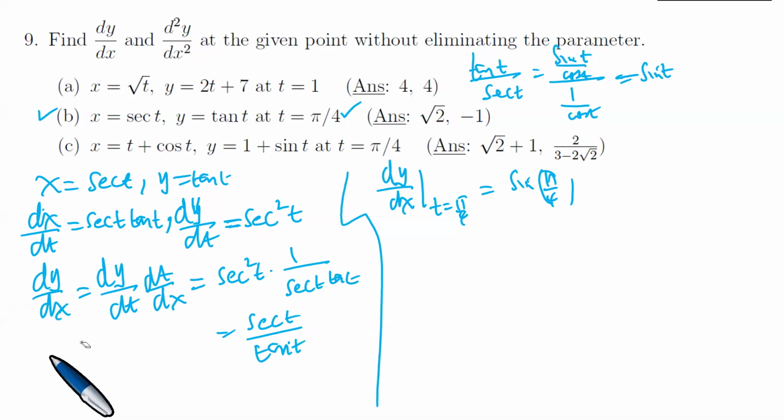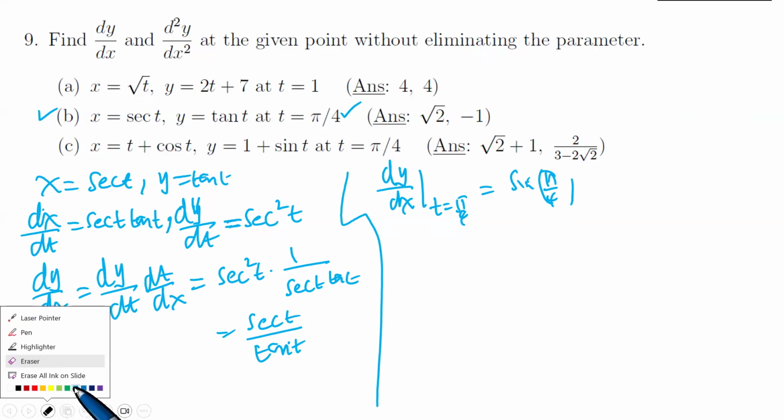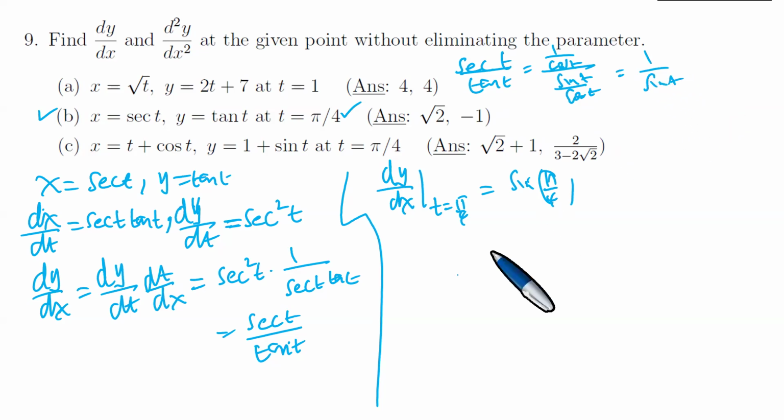And this is therefore going to reverse the division. Whenever you have the secant of t divided by tan t, that's 1 over cosine t divided by sine t over cosine t, and this is 1 over sine t.